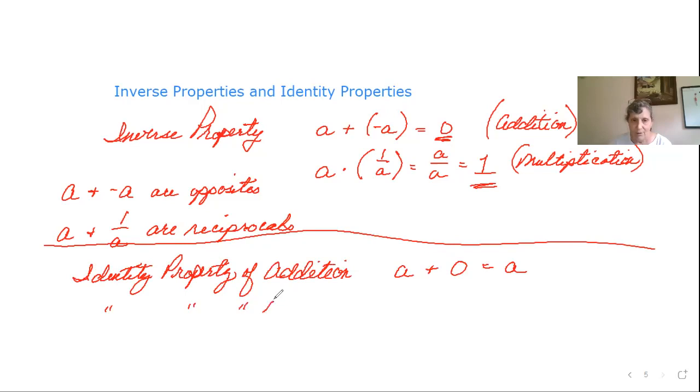And the identity property of multiplication says that if you multiply times 1, it doesn't change. So these are two other properties that might be brought up that you need to be aware of.